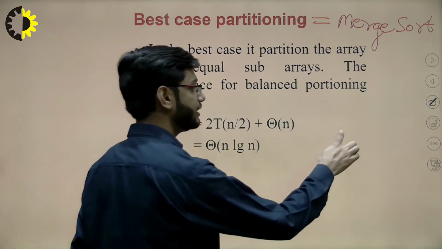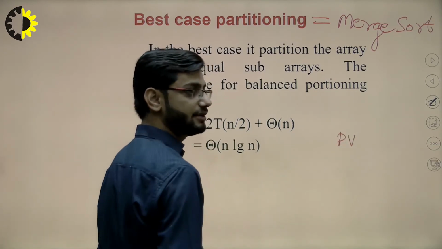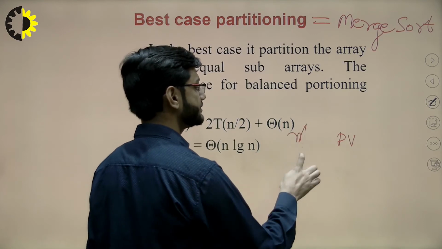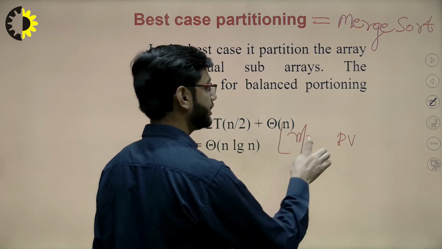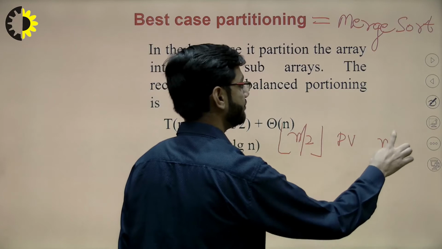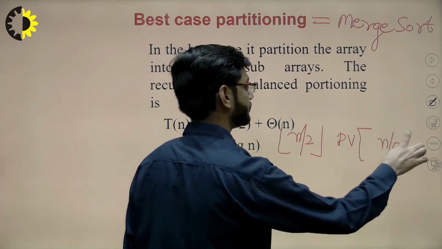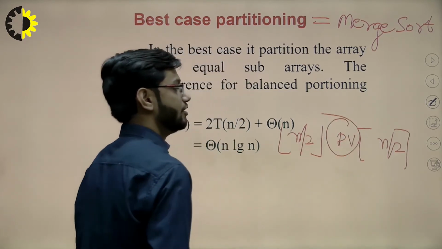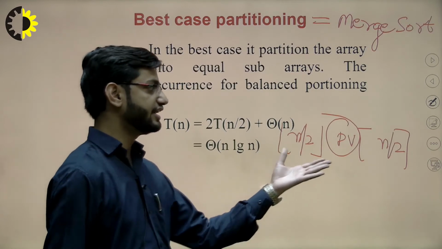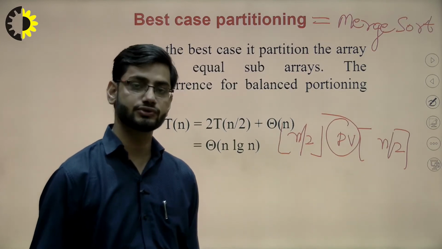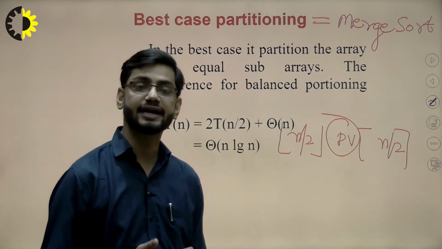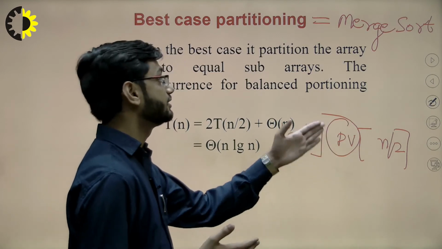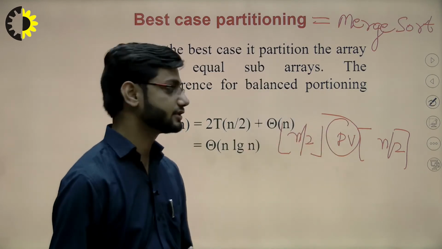For example, the two sub arrays on either side of the pivot element always contain n by 2 elements. We are getting left and right sub arrays of almost equal size, so we say that this partitioning is balanced.